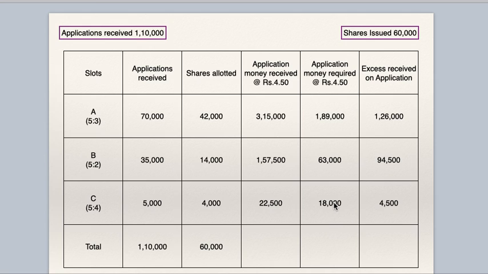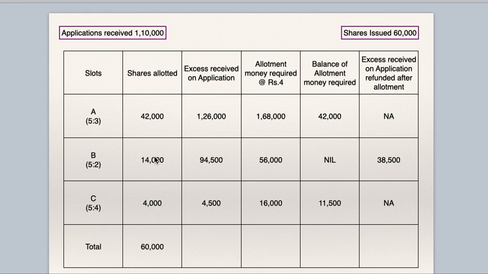So what is excess received on application? Difference in these two. 3,15,000 minus 1,89,000, 1,26,000 is excess in category A. 1,57,500 minus 63,000 is 94,500 excess in category B, whereas 22,500 minus 18,000, 4,500 is excess in category C. Shares allotted 60,000.